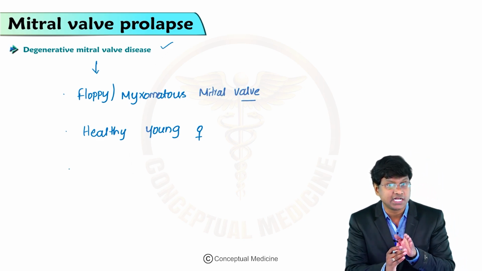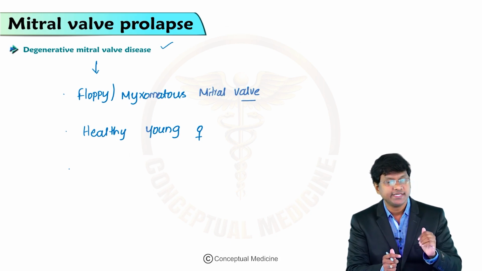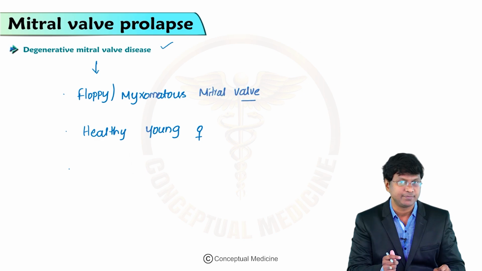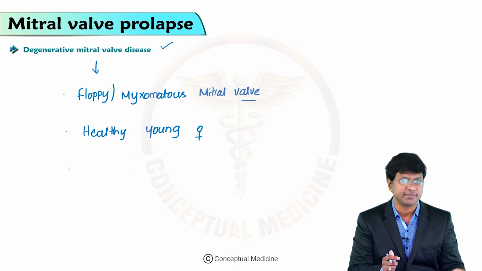Which cusp of the mitral valve will undergo prolapse? Often only one cusp of the mitral valve will undergo prolapse, and most commonly the middle cusp of the posterior mitral leaflet.